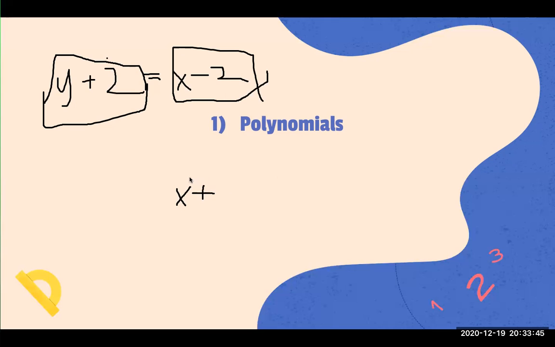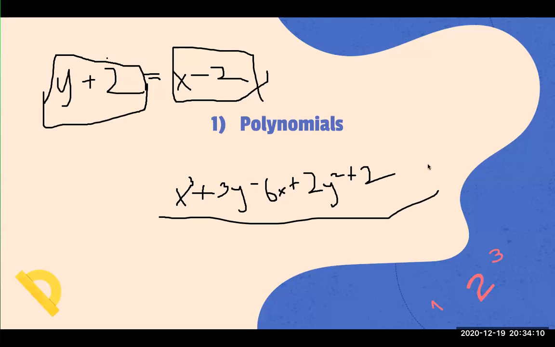So you have x to the power of 3, then you have 3y minus 6x plus 2y squared plus 2. So yeah, this is a polynomial. It has 4 terms. Sorry, 5 terms.